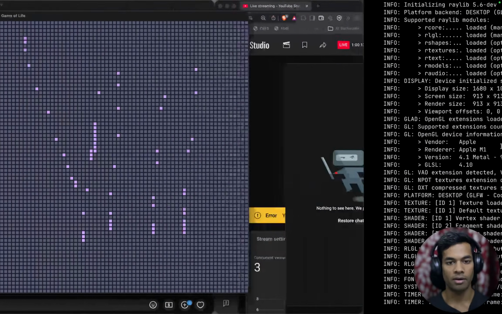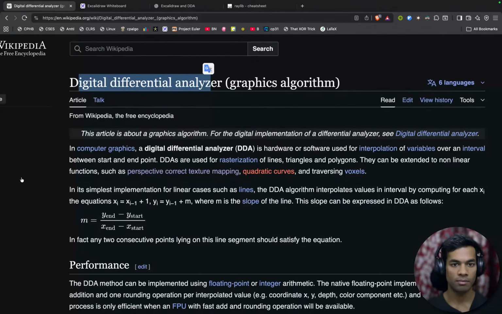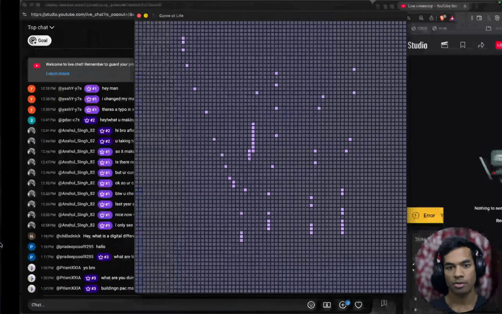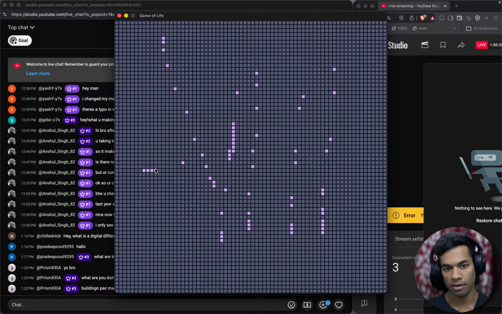So we are implementing this algorithm called digital differential analyzer to fix this problem, so that even when we get two random looking points, the starting and the end point, we can see what are the cells that the line connecting these two points passes through, and that is cool.